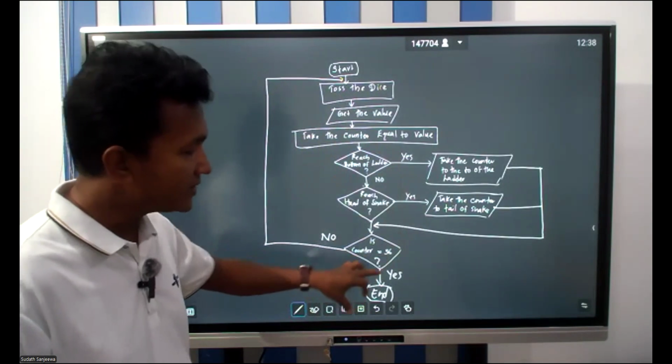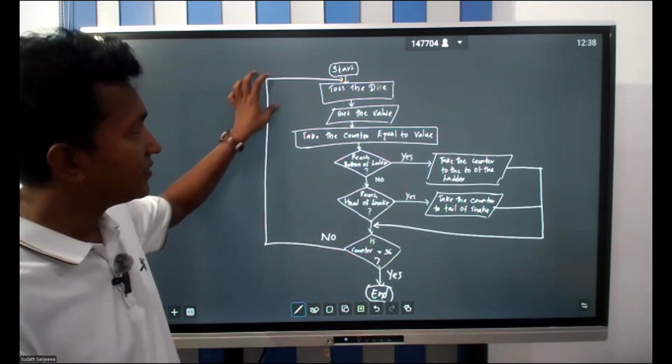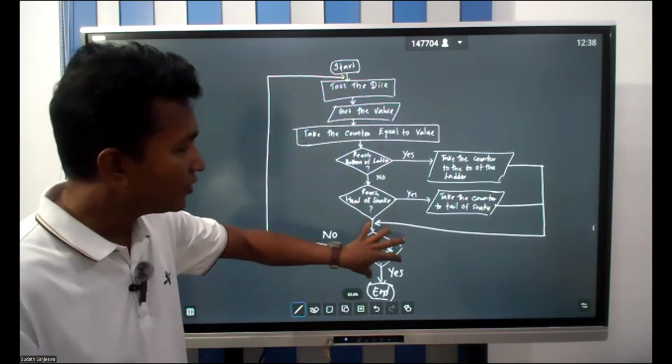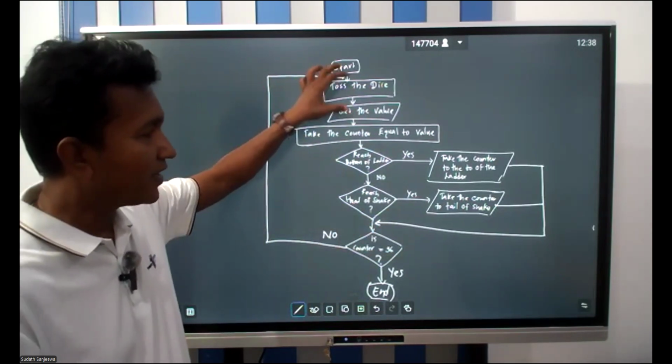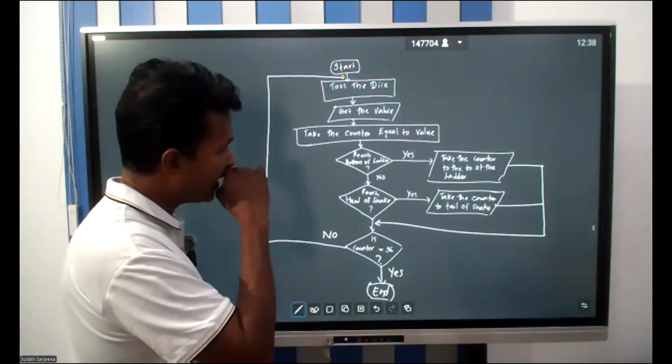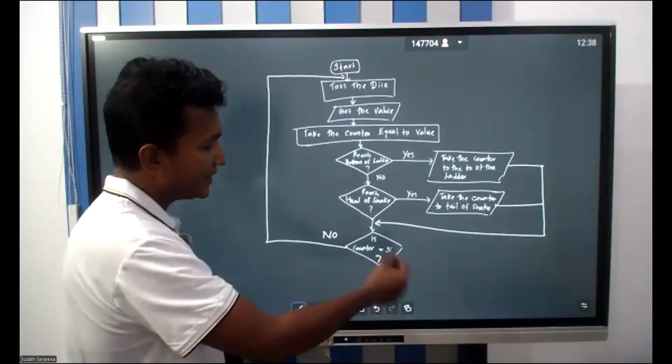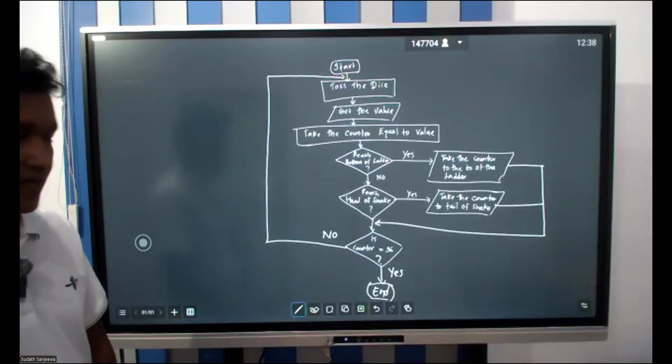That means until it becomes 36. So therefore we have this repetition part, right? Last year we did not draw this repetition part. You can remember, right? Here there is a repetition, repeating these steps again and again until it becomes 36.